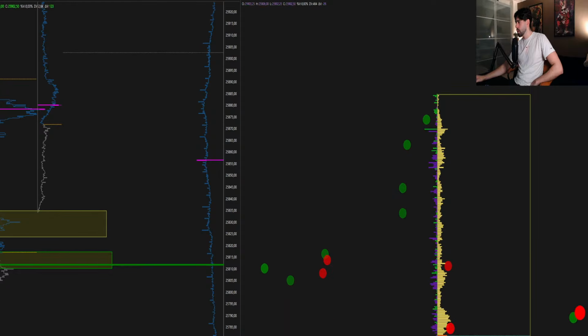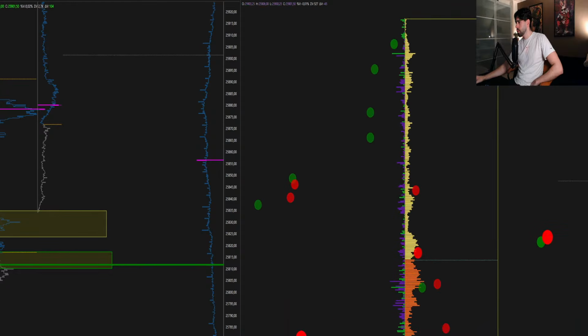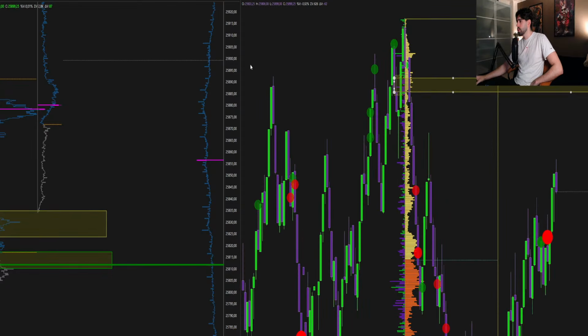I think this can be the last thing I do. Yeah, we got this zone. And we also have these absorbed buyers at the top.